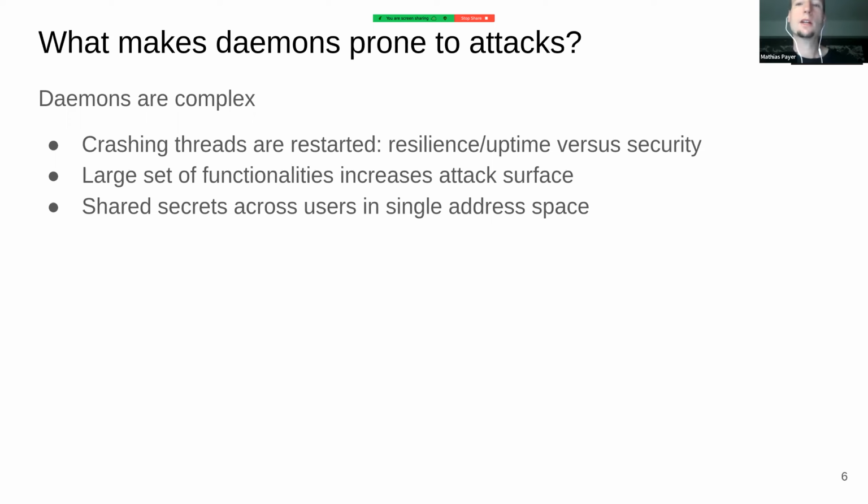Now, restarting crashing threads gives the attacker the ability to leak information. For example, if you have a bug in some code that results in a segmentation fault, the attacker can use this bug multiple times to probe your address space and then see where individual bits and pieces are, right?